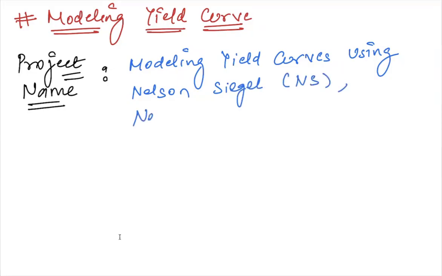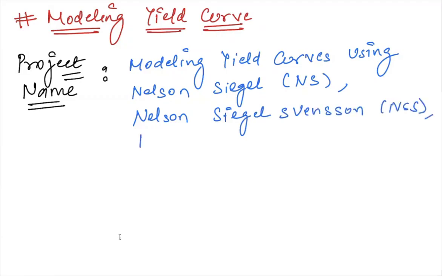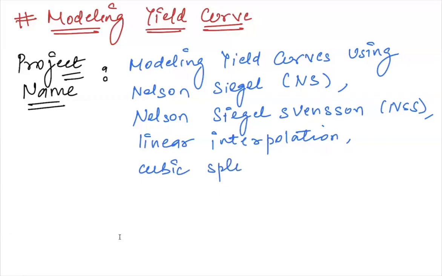Then we have Nelson-Siegel-Svensson, called the NSS model. Then we have linear interpolation, and the last piece is cubic spline interpolation.